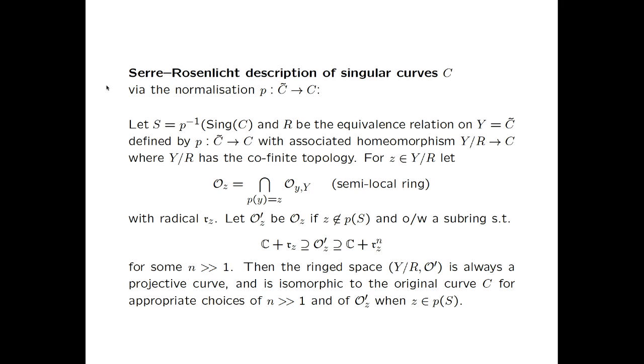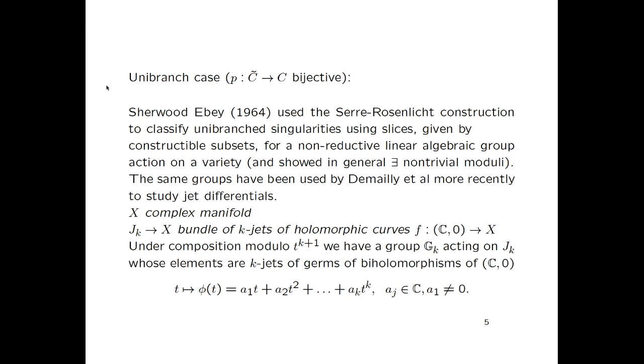So back in, I think, the 1960s, EB used this construction to try and classify maybe the simplest sort of singularities, unibranch singularities, where the normalization map is actually bijective.